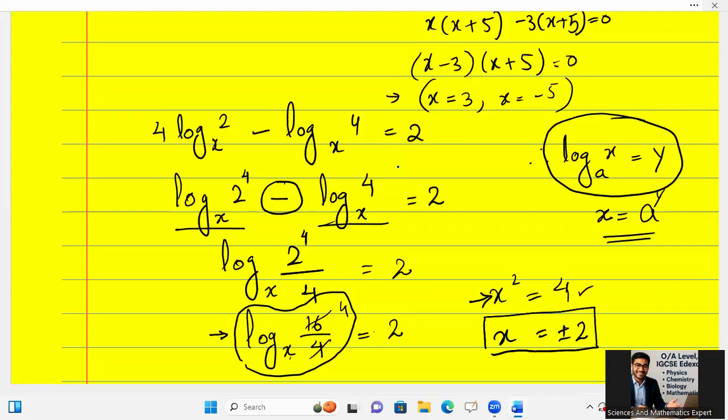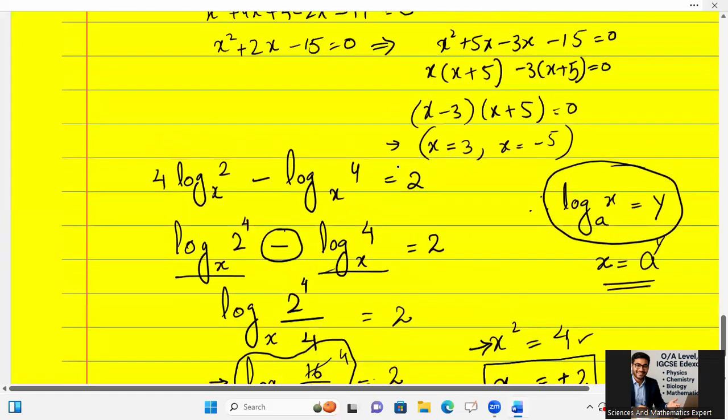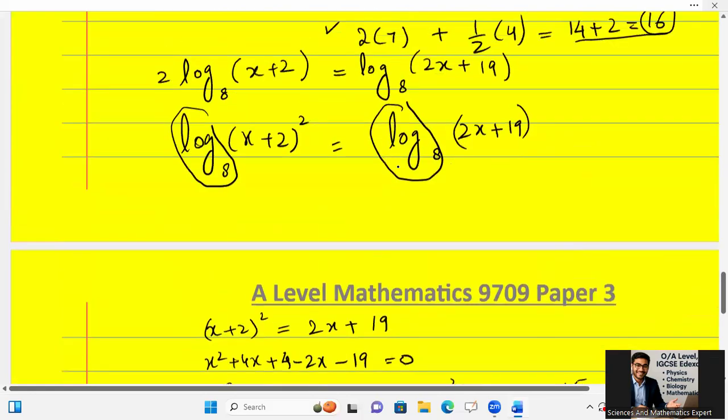So this is the simple format in which you implement logarithms for finding unknown variables. He can also give some exponential functions and some other functions related to this.